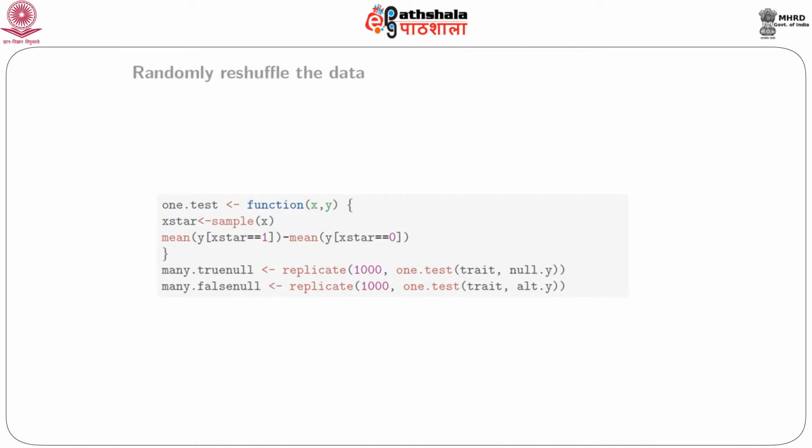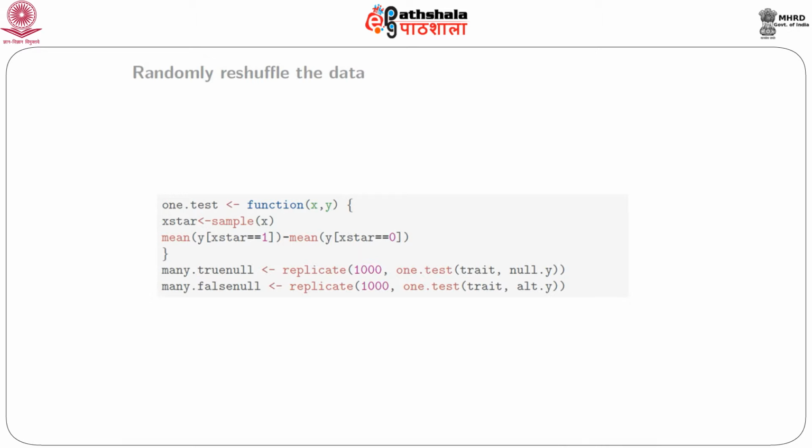So, what we can do is we can use the replicate function now, replicate 1000 times one.test, and instead of x now I am providing trait. So, what it would do is it would sample randomly from trait, and instead of y it would use null.y.